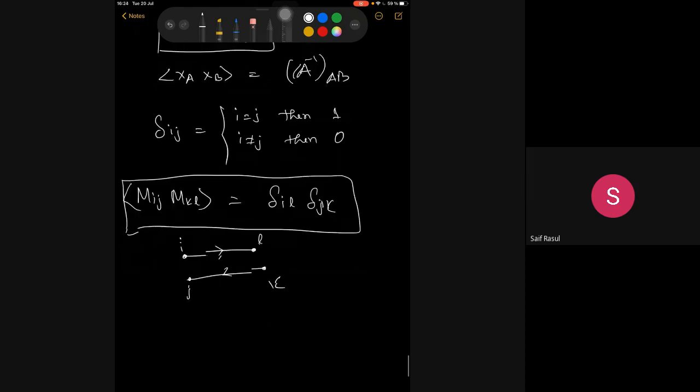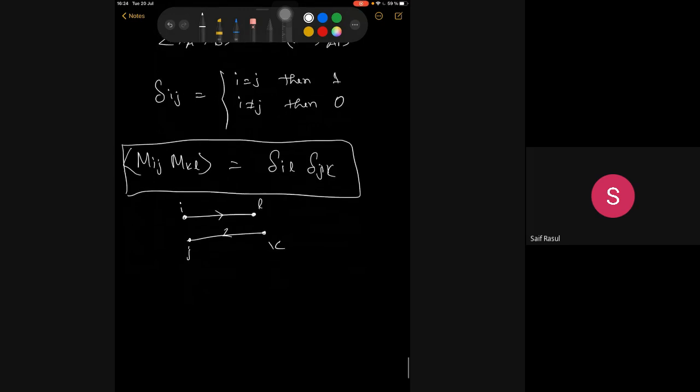If you remember, when we had too many of them, we used Wick's theorem. In case of matrices, it turns out we can use it.